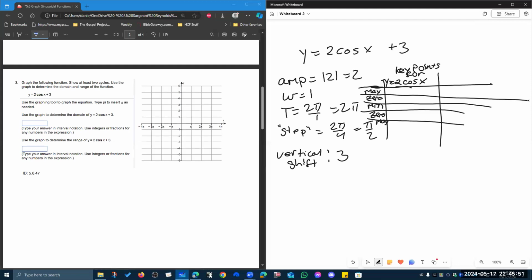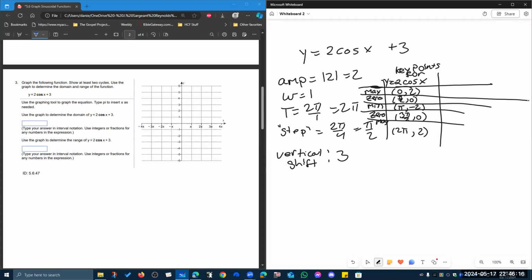So this point is going to be at 0, 2, and then pi over 2, 0, then pi, -2, then 3 pi over 2, 0, and then 2 pi, 2.